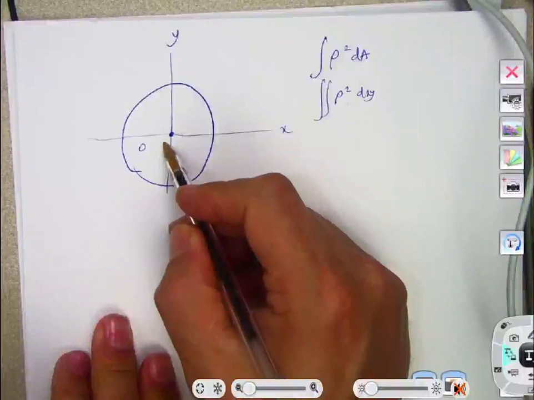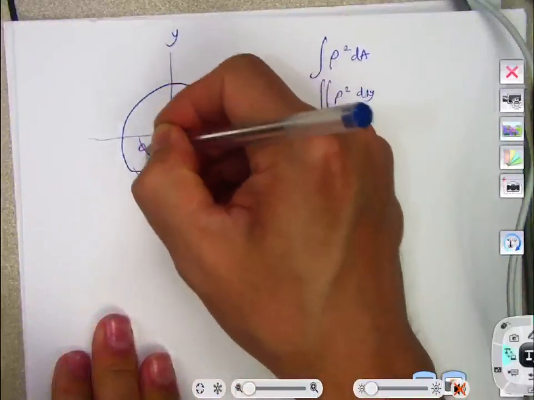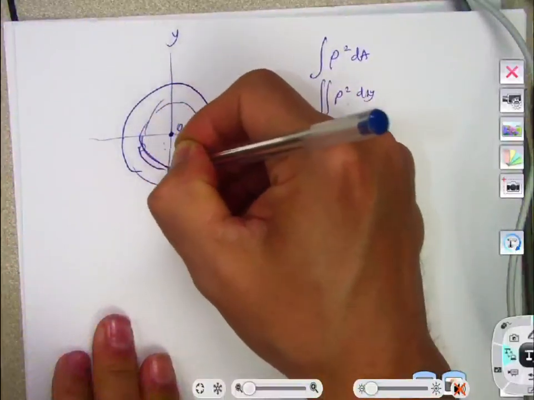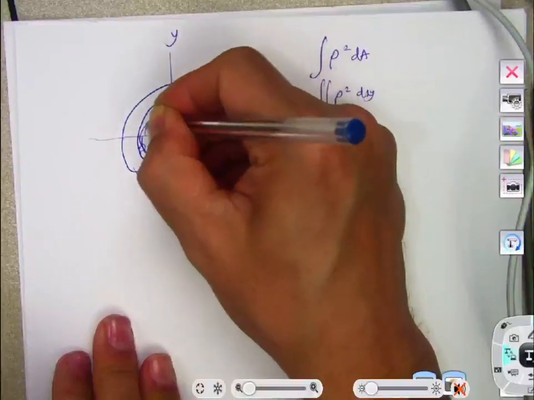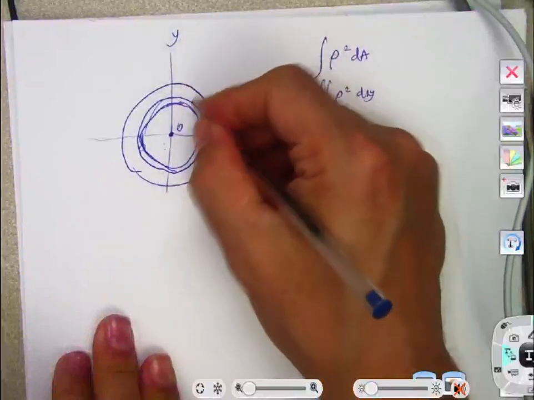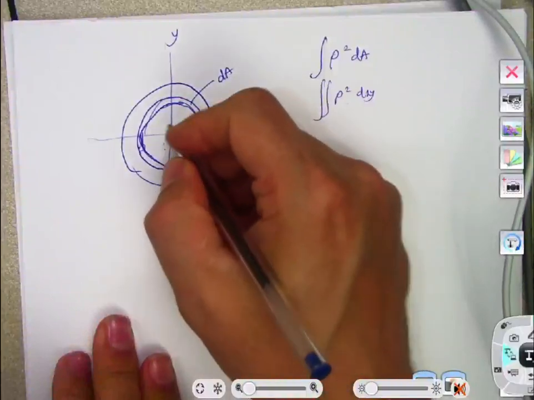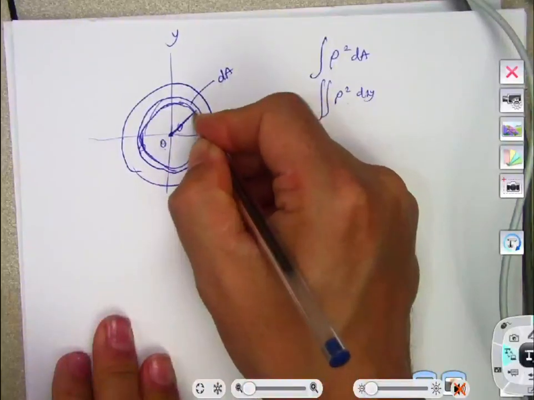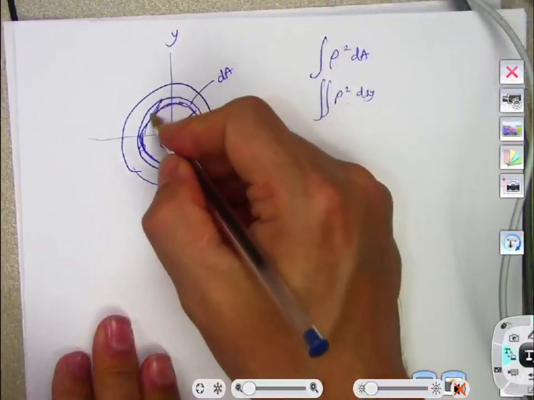For a circular cross section, if I consider the point O, my differential element is like a ring, a narrow ring. For this ring I have area dA, and the distance of this ring from the point O, I'll call it rho.